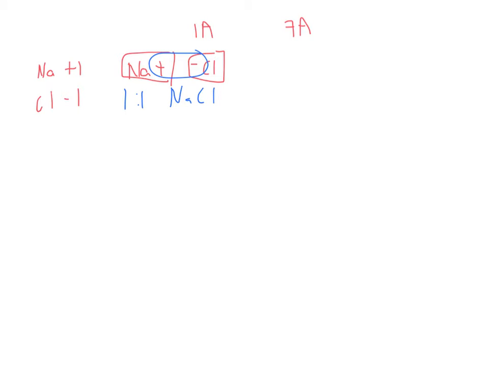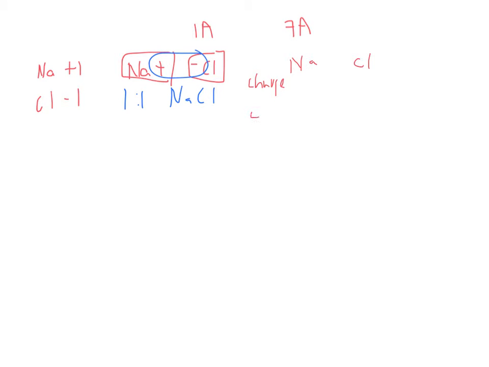Another way I can think about it is more of a mathematical relationship. I would think about what my two elements are combining, and I would want to know the charge each one is likely to pick up.